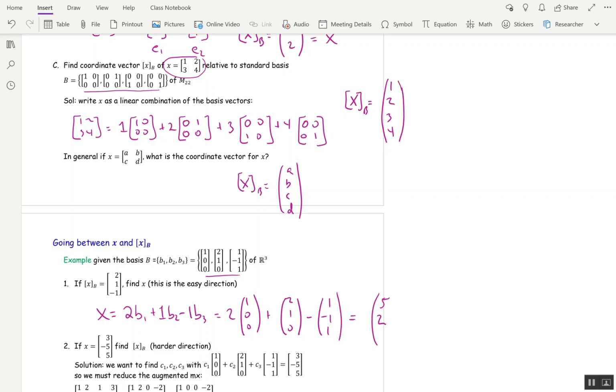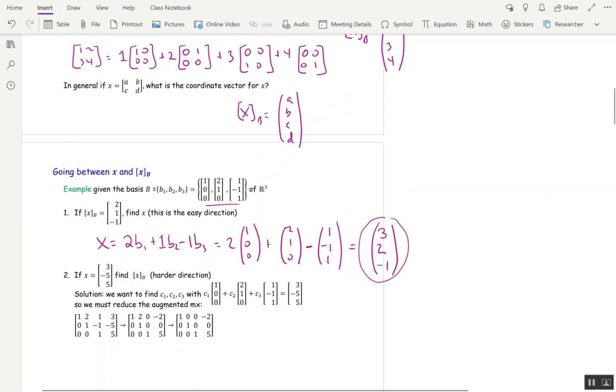And then finally, my last entry is going to be negative 1. All right, and I see a mistake I made in that top entry, and hopefully you caught it. I have 2 plus 2 is 4, but then I'm subtracting 1, so that should be a 3. All right, so there's X.